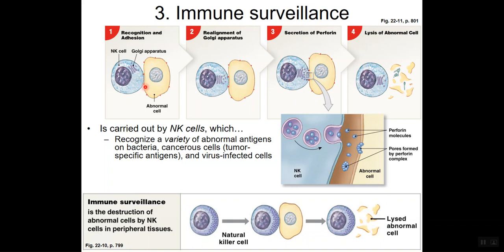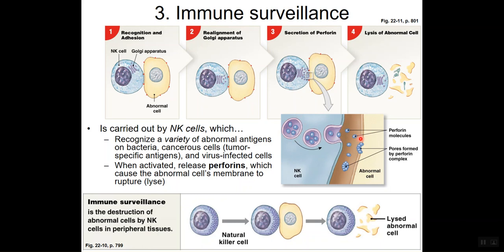But when it recognizes it as being generally a bad cell, it'll kind of line up its secretory organelles and release these little chemicals called perforins. Here's a close-up view. Here's a secretory vesicle filled with perforins. And then there's your exocytosis.